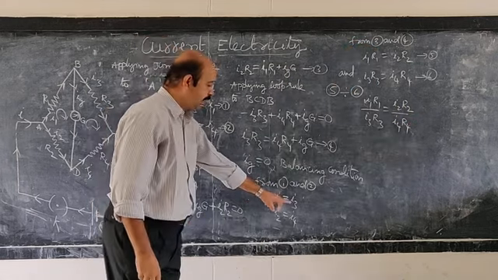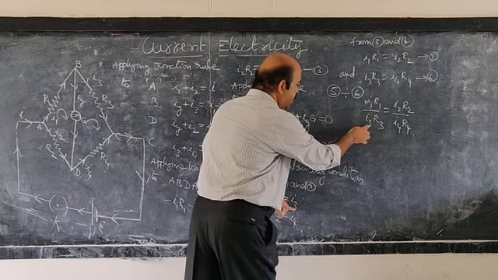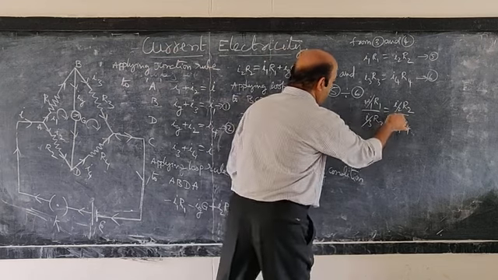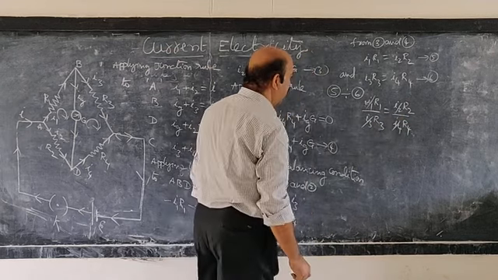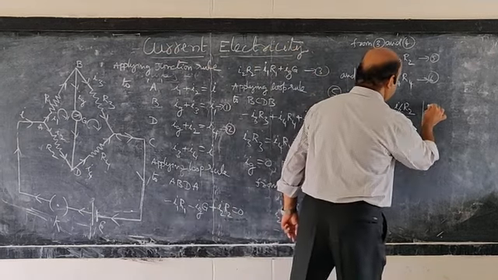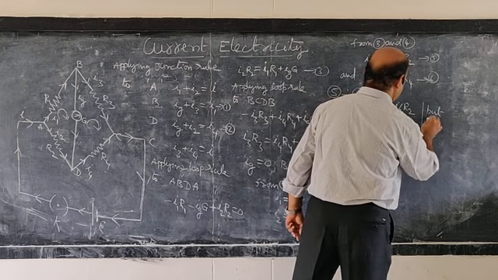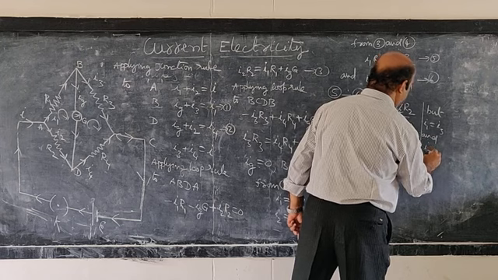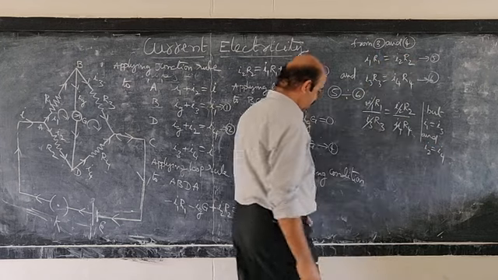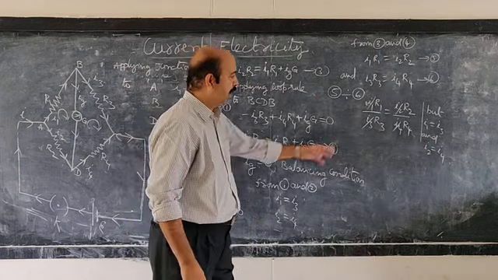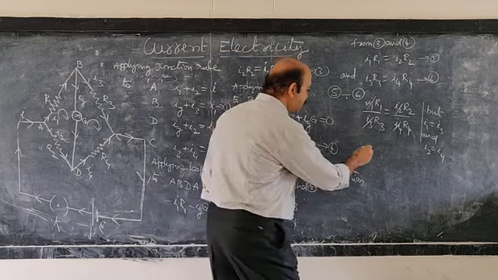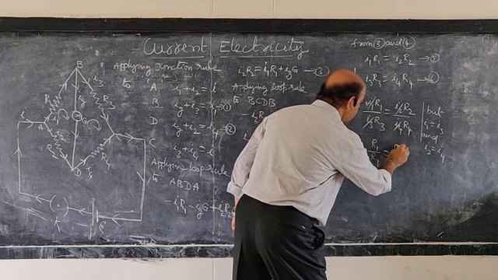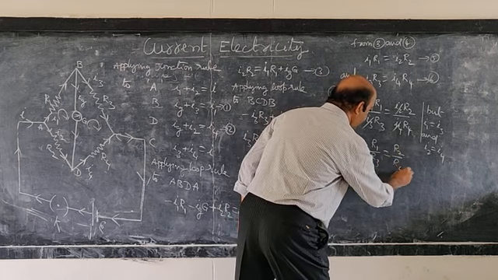But I1 is equal to I3, and I2 is equal to I4, as we have shown already. So therefore we can cancel. Then what remains? R1 by R3 is equal to R2 by R4.